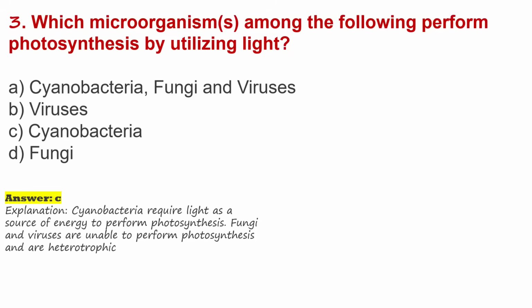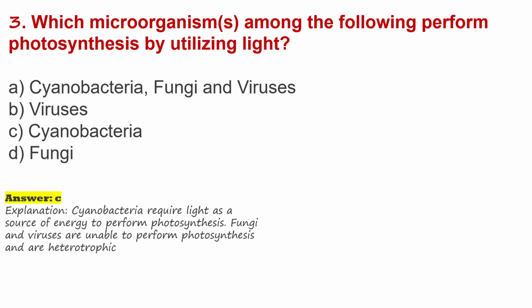cyanobacteria. Explanation. Cyanobacteria are organisms that require light as a source of energy to perform photosynthesis. They are green, they have chlorophyll, so they use sunlight as a source of energy to undergo photosynthesis.